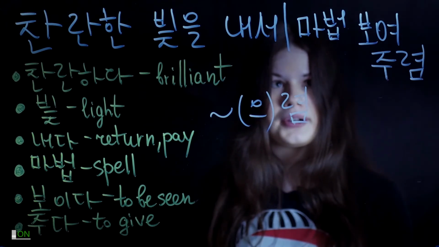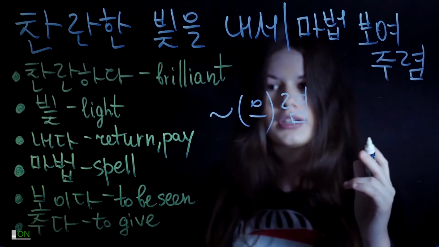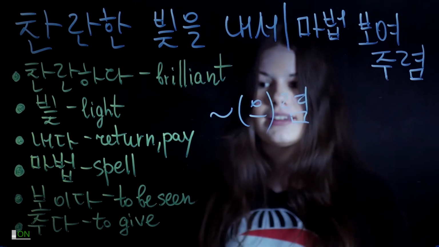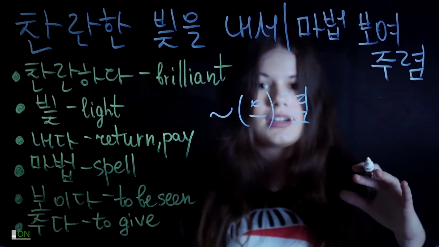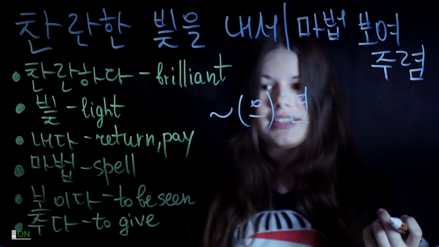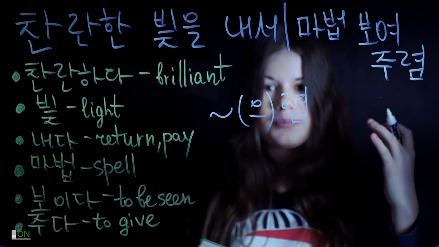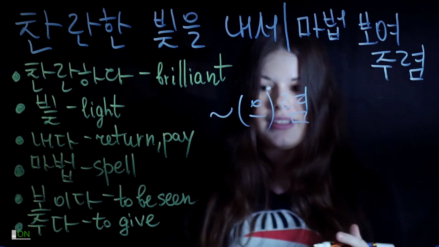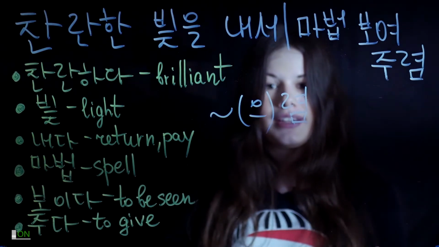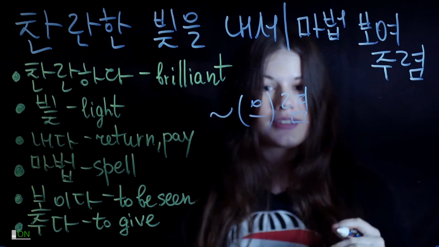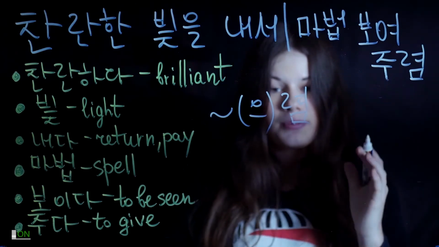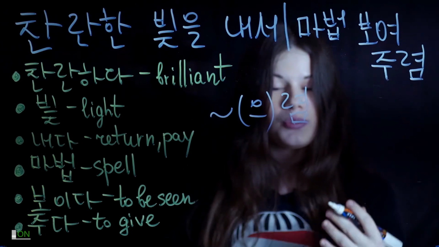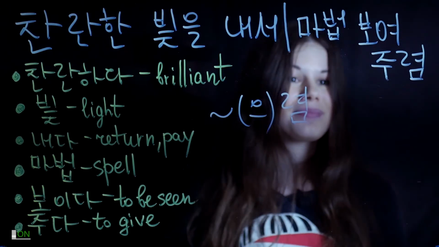For example, a mother with her children, then a teacher with small children, not pupils who are in like 11th form or grades, but small kids. Then also this is used when humans talk to animals.